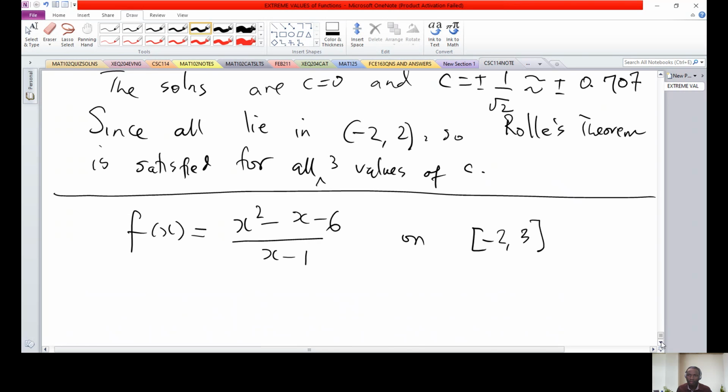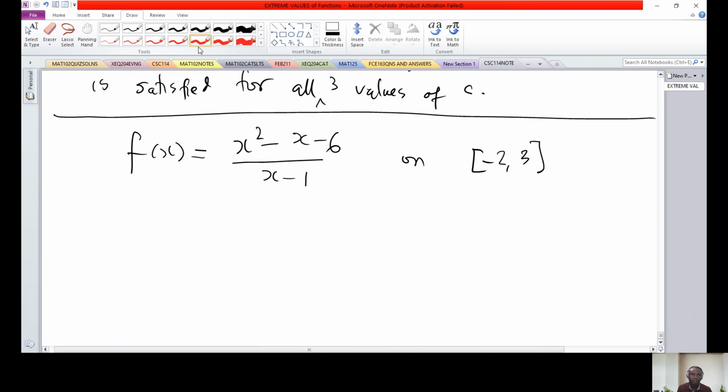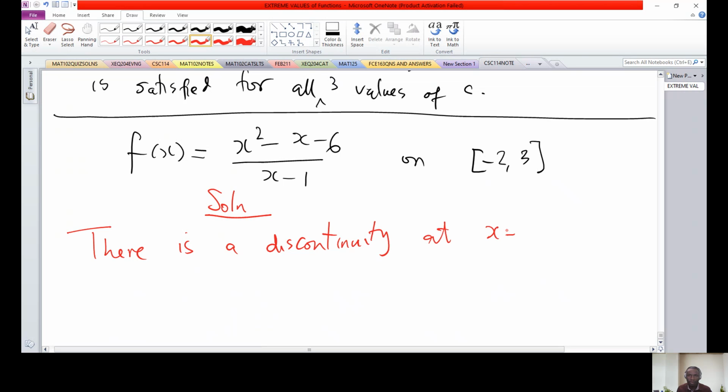For this function, we discover that there is a discontinuity at x equals 1, since the limit as x approaches 1 of f of x does not exist.